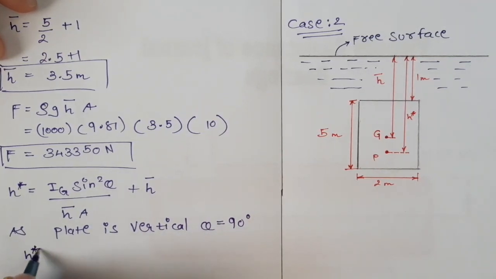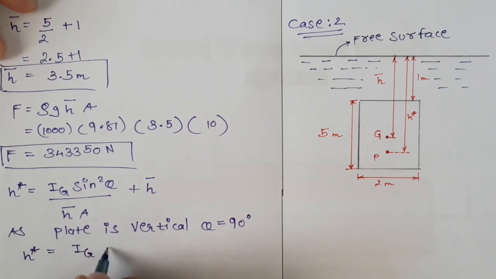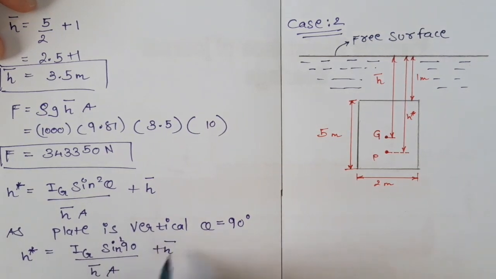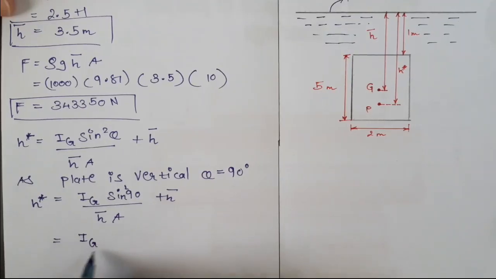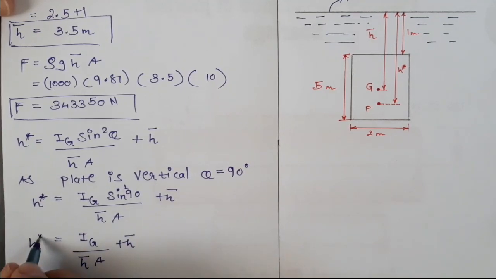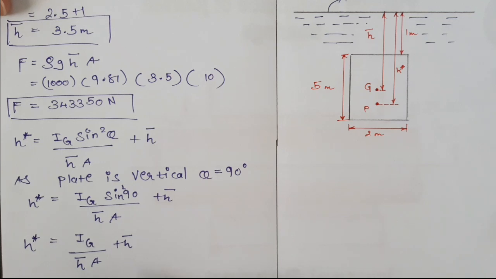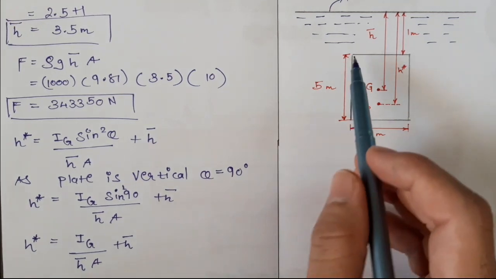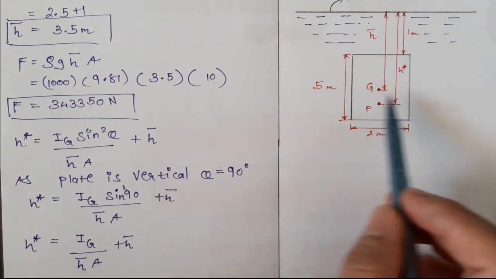So h star equals Ig into sine square 90 upon h bar into A, plus h bar, which equals Ig upon h bar into A, plus h bar. This is h star. Now we all know the moment of inertia for this rectangular shape about its centroidal axis.